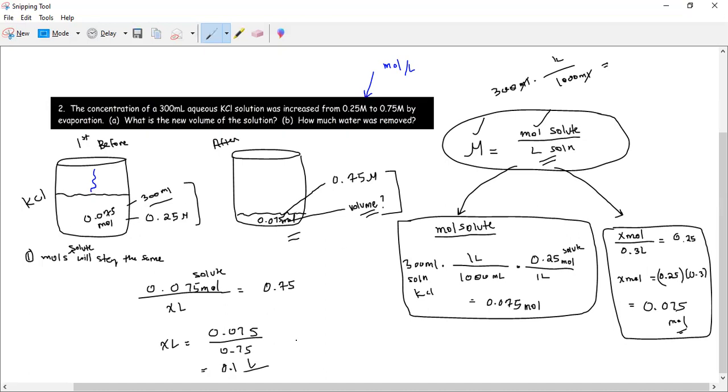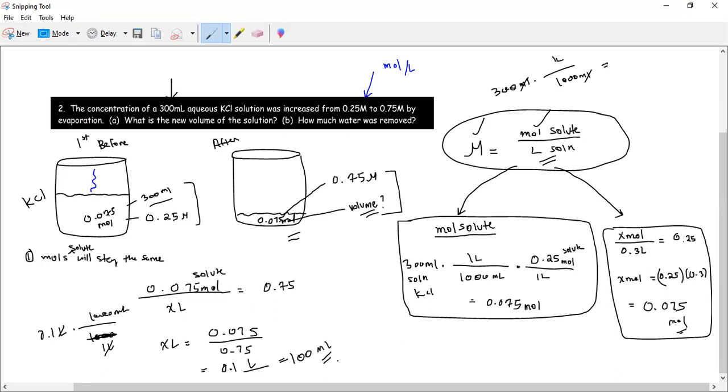And if you wanted to express this as a volume in terms of milliliters, since that's what your original unit was expressed as, you would just say that 1 liter is equal to 1,000 milliliters, your liters would cancel out, and you'd be left with 0.1 times 1,000, which would move the decimal place 3 places to the right, and so you'd be left with 100 milliliters.